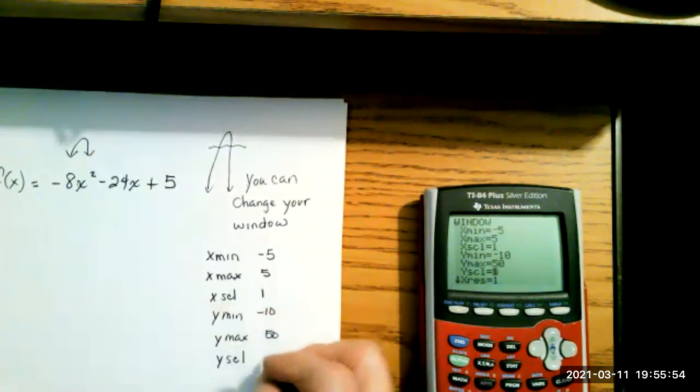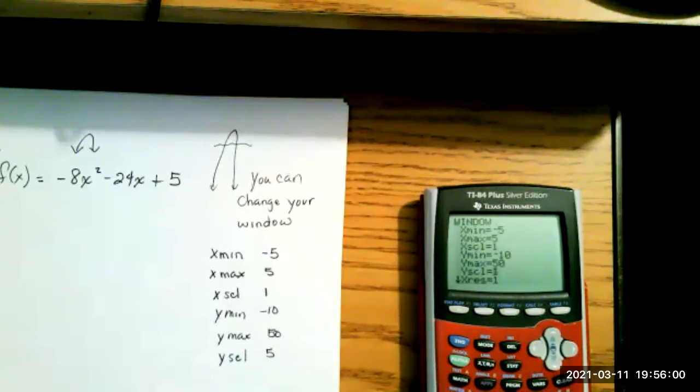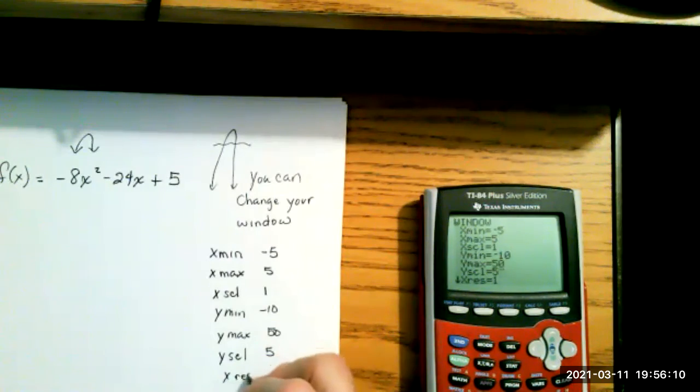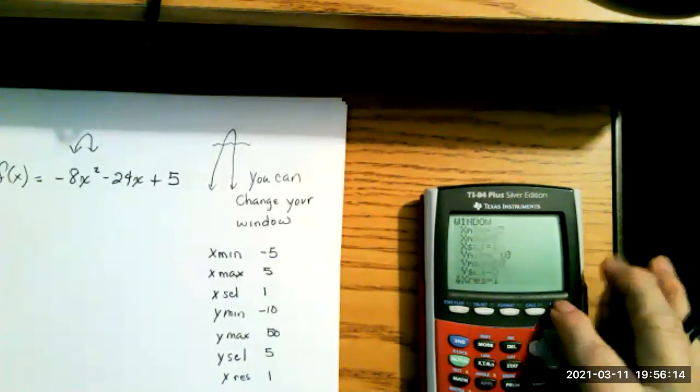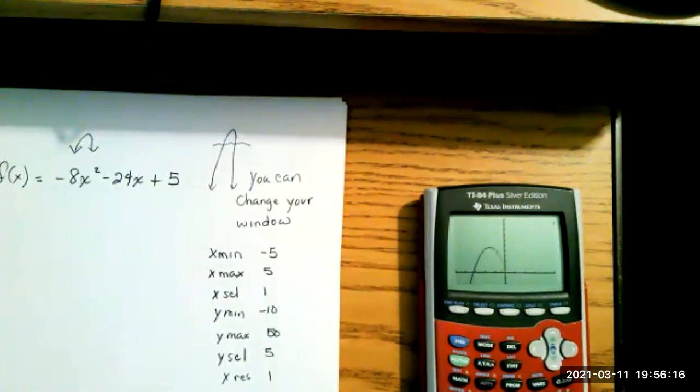So let's count by 5s. That would be 5, 10, 15, 20, and so on. And then the X resolution you can see on there, and just leave the rest of them alone. That's a 1. Now when you graph, you can actually see the top of your parabola, and it looks like a nicer picture.